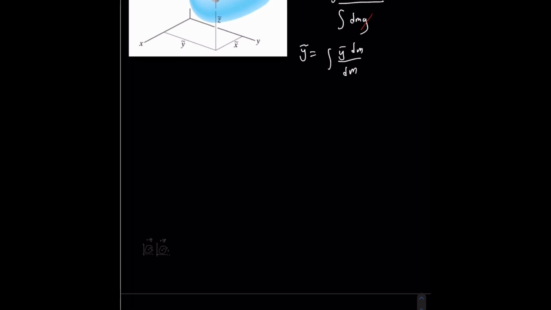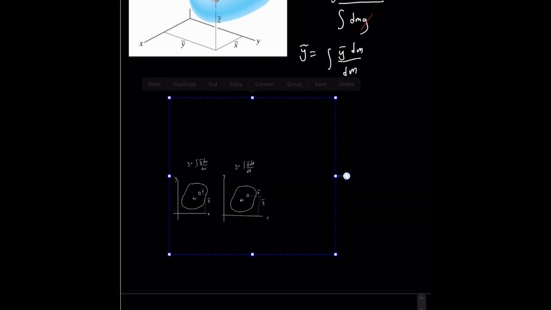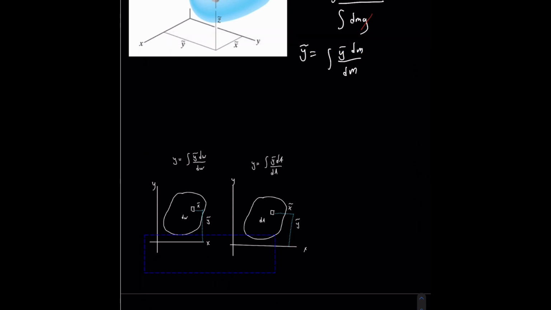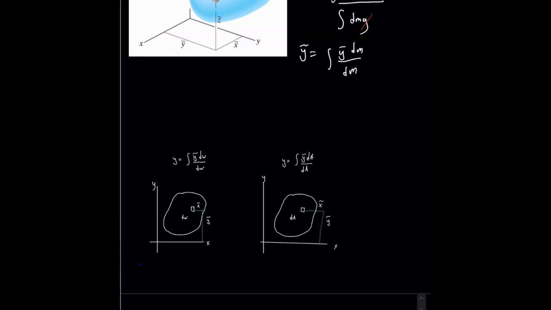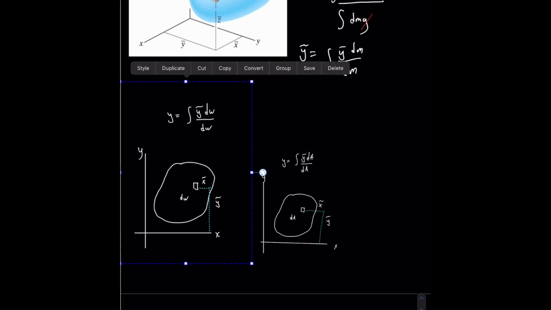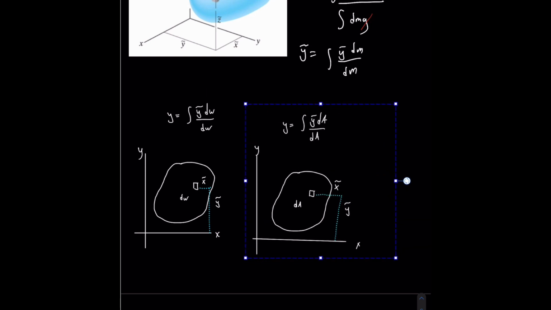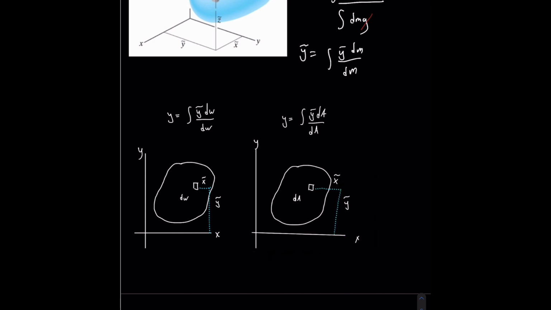Right here. And now I think I should just talk about this a little bit, real quick. As I said before, these locations for the center of gravity and the center of the area will be basically in the same location. Right here. The only difference is the variables change.